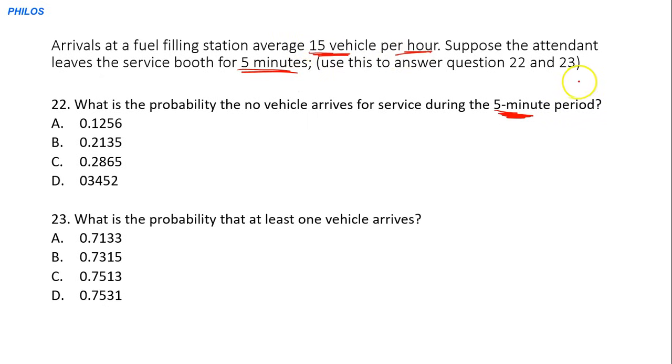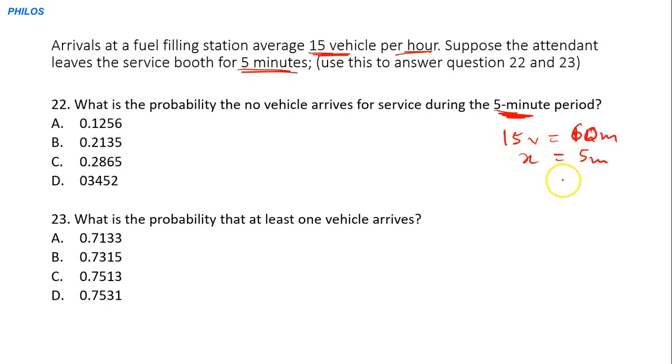So if you want to use the Poisson formula, the mean must change. Since we know that 15 vehicles is for 1 hour, we need to find the number of vehicles for 5 minutes. One hour is the same as 60 minutes.